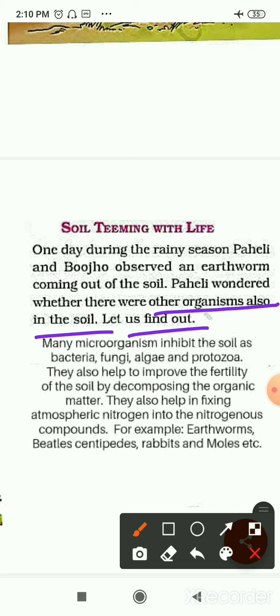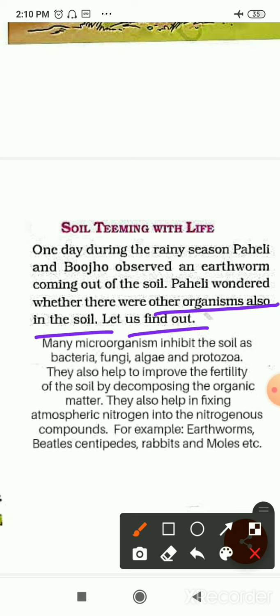Let's find out. Children, there are many organisms that live in the soil, such as bacteria, fungi, algae, protozoans, and many more. There are ants, beetles, centipedes, and some other animals also, like rabbits and moles, which live in the soil.